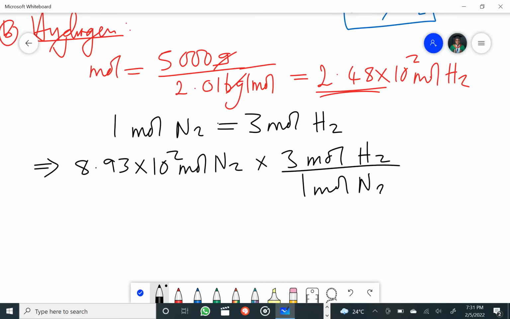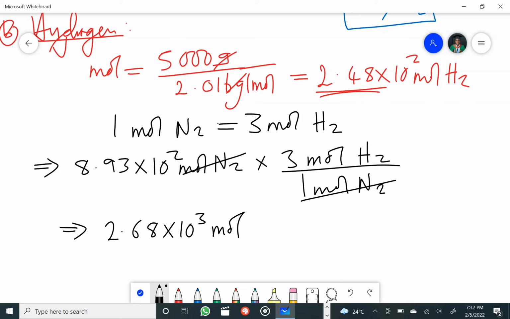You see there nitrogen is our denominator, so that cancels and that cancels. So here I'm just multiplying those moles by 3. So that's going to be 2,680. So there you have it.